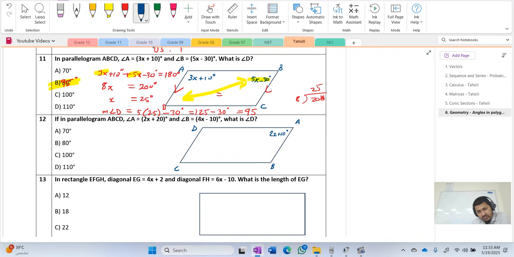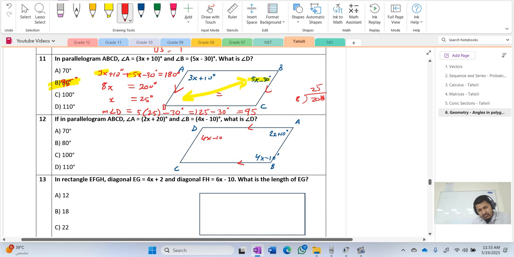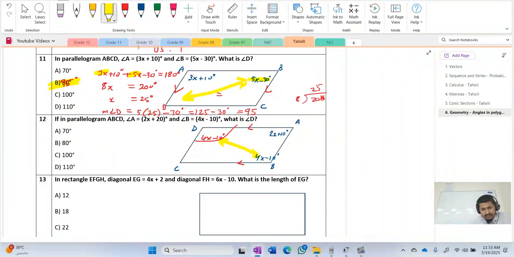4x minus 10 plus 2x plus 10 is equal to 180, the co-interior angles, right? So I'm adding up this one and this one, or you can add up 2x plus 10 and 4x minus 10. So the 10s cancel out. We got 6x is equal to 180 degrees, so x is equal to 30 degrees.